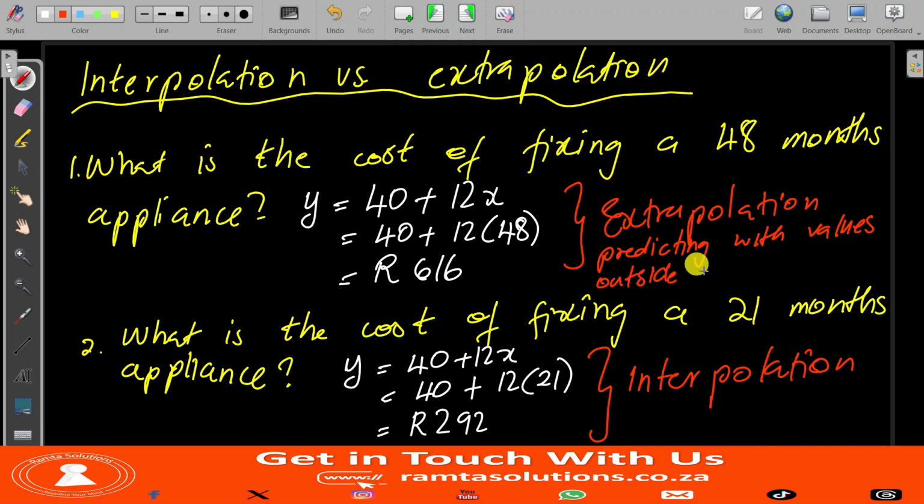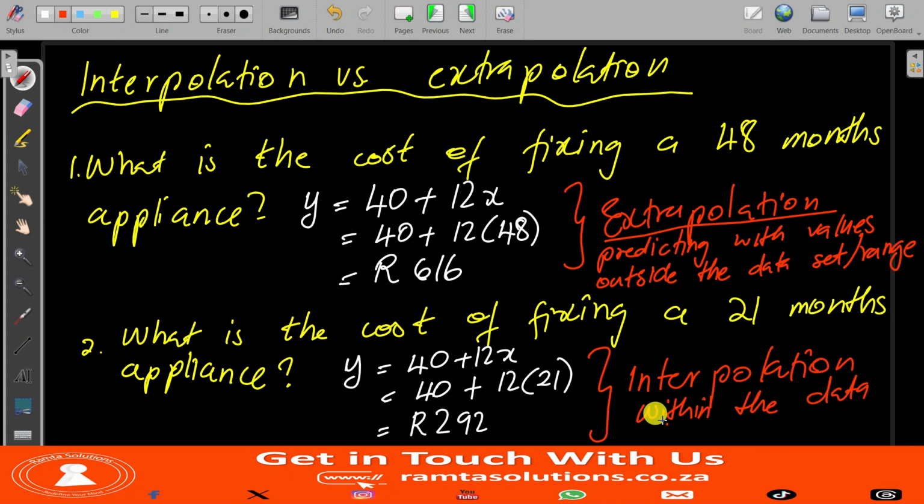You can say outside the data set or the data range, it's up to you. So with interpolation, it's predicting with values within the data set or range.